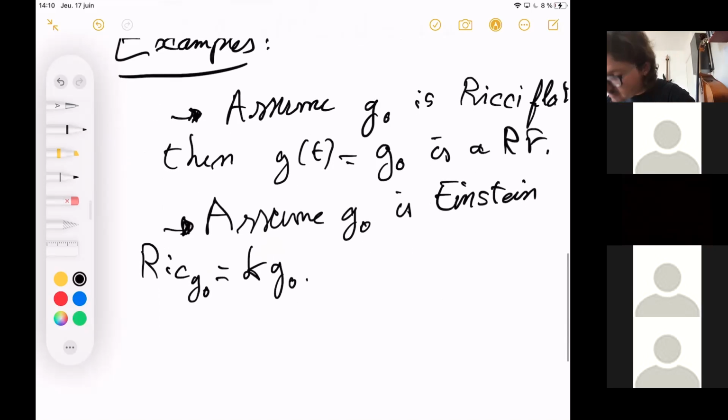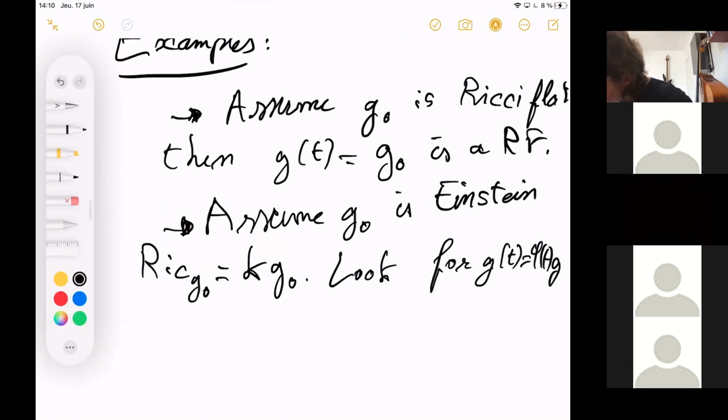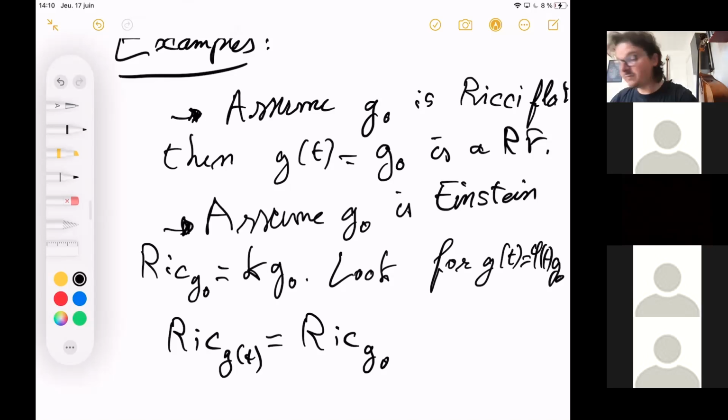Then let's make an ansatz and look for a solution g(t) of the kind φ(t) times g₀, just a homothety of the initial metric. Then the Ricci tensor as a 2-0 tensor, this is important, of g(t) is just the Ricci tensor of g₀. So as a 2-0 tensor, the Ricci curvature is not sensitive to scaling.